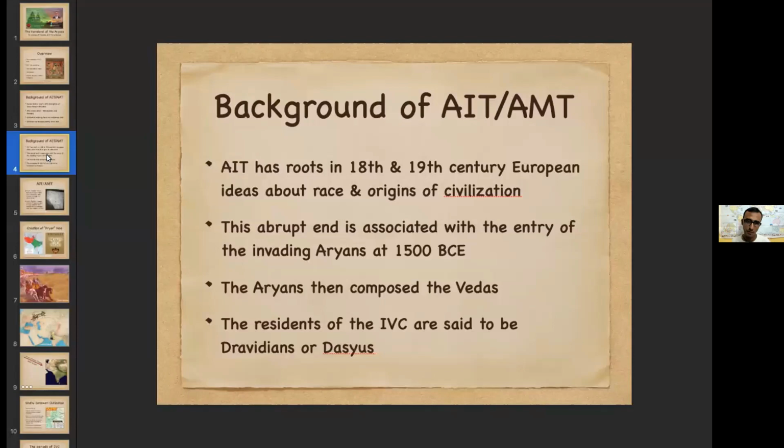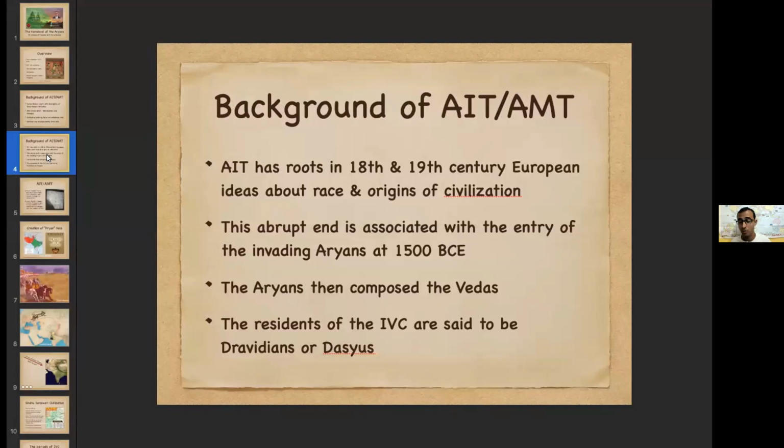So they created this identity of the Aryan race, and the Aryan race invaded from outside India, and they came and attacked the Dravidians who were staying in the Indus Valley civilization. Some of them, they say, are Dravidians, and some of them, they say, are Dasyus. In any case, the residents of the Indus Valley civilization were not Aryans. That was what they were trying to preach.